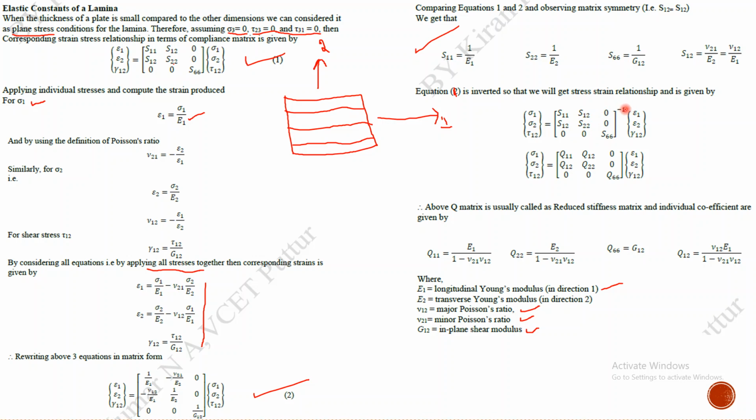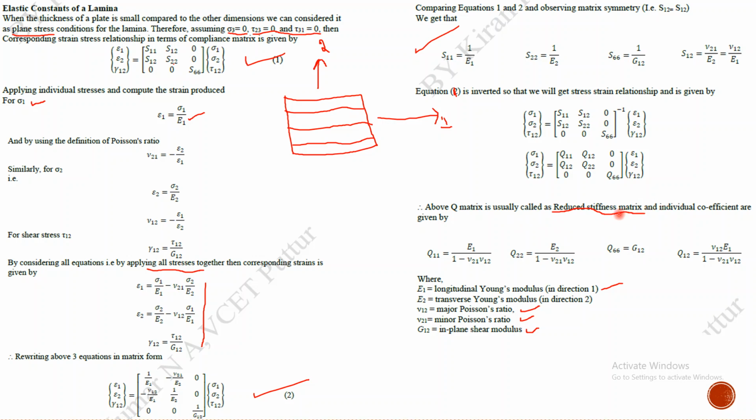This inverse of the compliance matrix we usually denote with another letter, let us go for Q. If I calculate the inverse, then the coefficients will become Q. The terms are called Q11, Q12, Q22, Q66, where the Q matrix is usually called the reduced stiffness matrix.